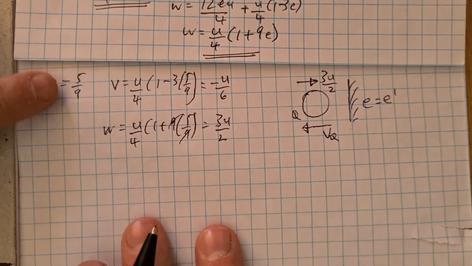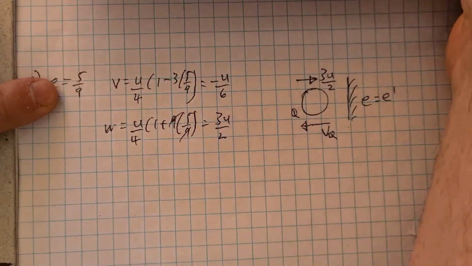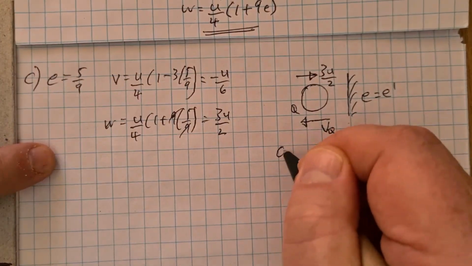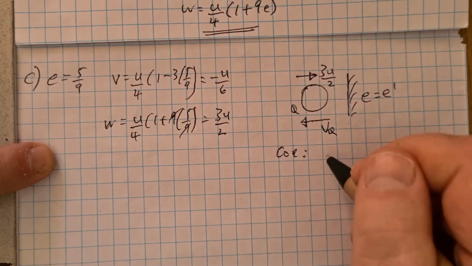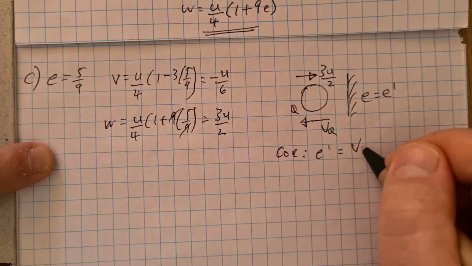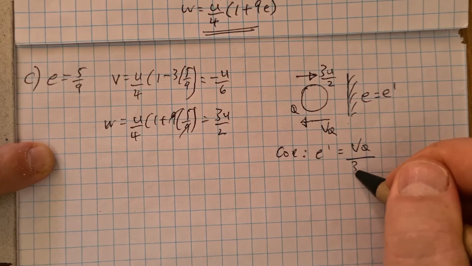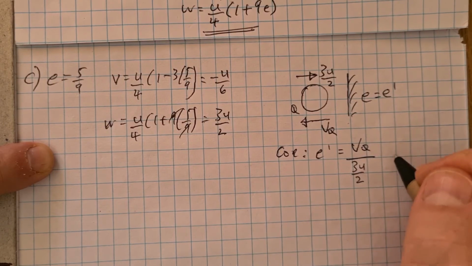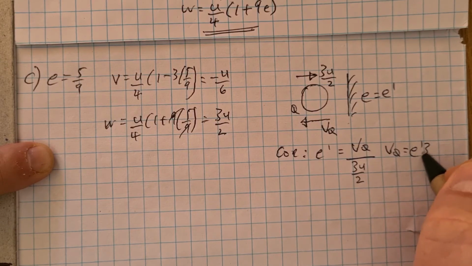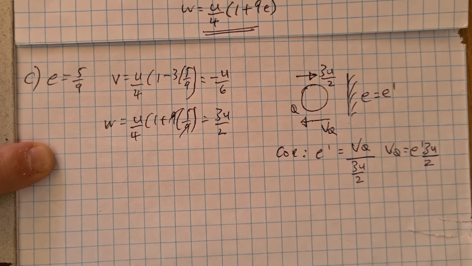So if we now move these up slightly. For the coefficient of restitution in this collision, we have e dash equals the speed of rebound divided by the speed of approach. So therefore vQ is going to equal e dash times 3u over 2.